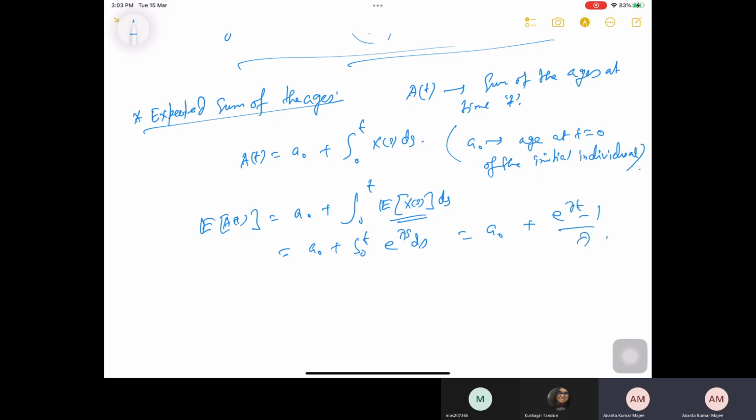So the expected sum of the ages for a Yule process at time t is A0 plus (e^(λt) - 1)/λ.